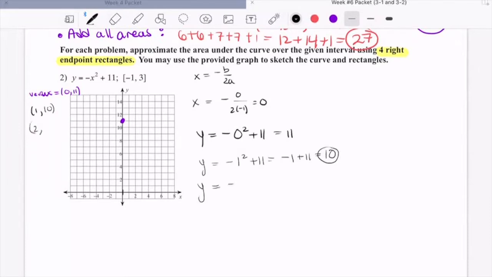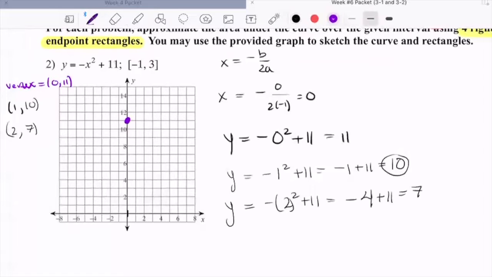So y equals negative 2 squared plus 11. Notice this squared is just on the x, not the negative. So this just becomes negative 4 plus 11, which is 7. So we have 3 points here that we can plot on our graph. We have over 1, up 10, and then 2, up 7.